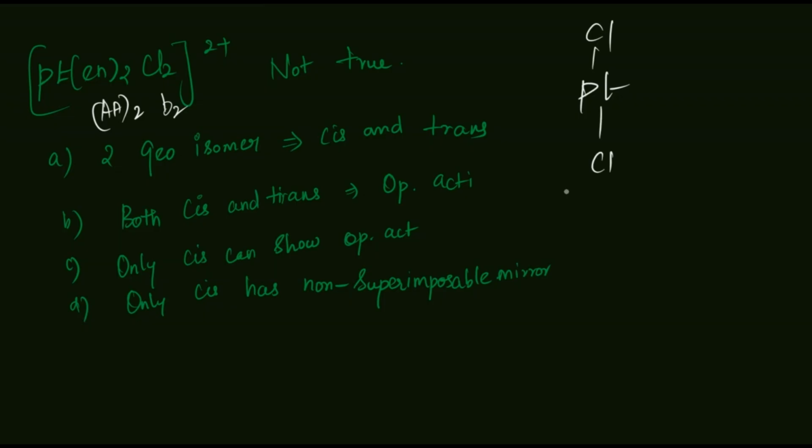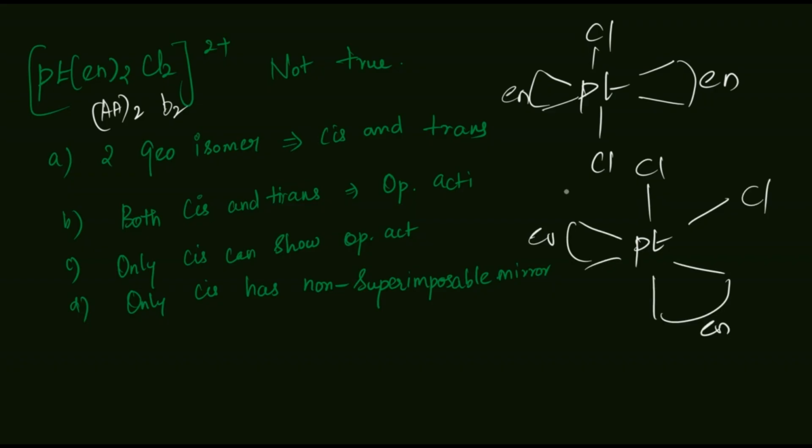It can form cis and trans, correct. This is a trans position, and the cis one will look like this. So tell me, can cis exhibit geometrical isomerism or not? Optical isomerism or not? Yes, it can. So cis can give optical activity. What about trans? It does not show optical activity.